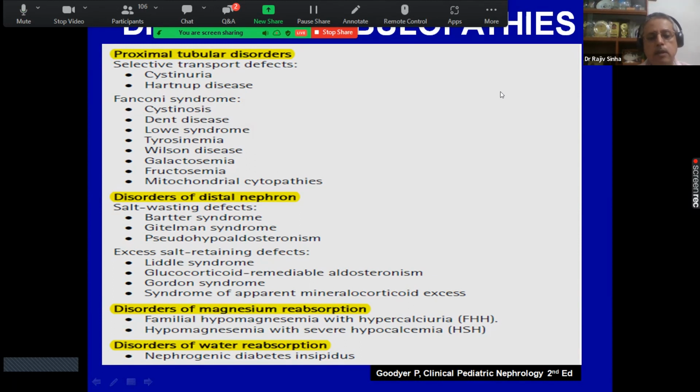Then there are the magnesium reabsorption disorders, such as familial hypomagnesemia with hypercalciuria, and then the disorders of water reabsorption.